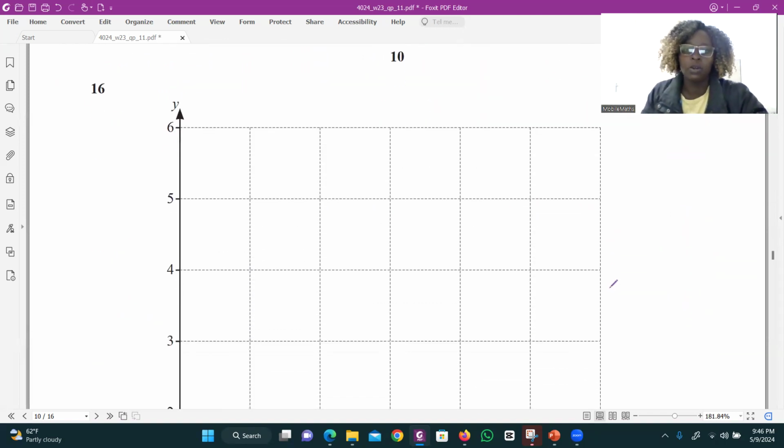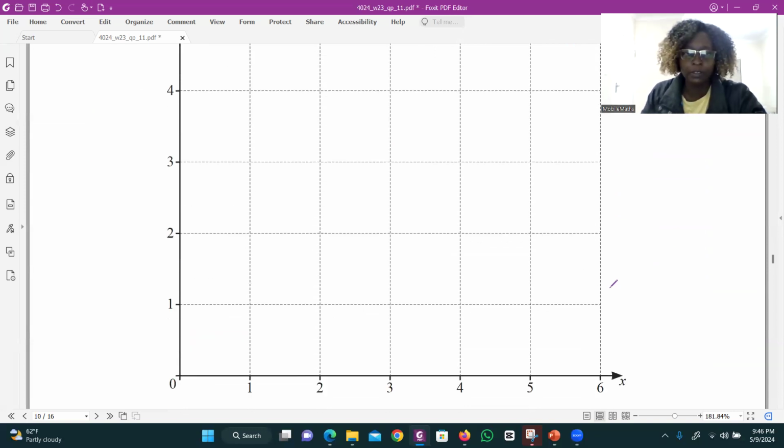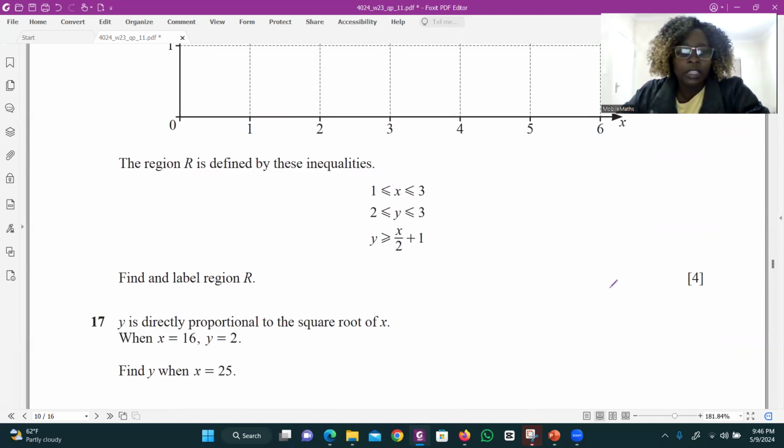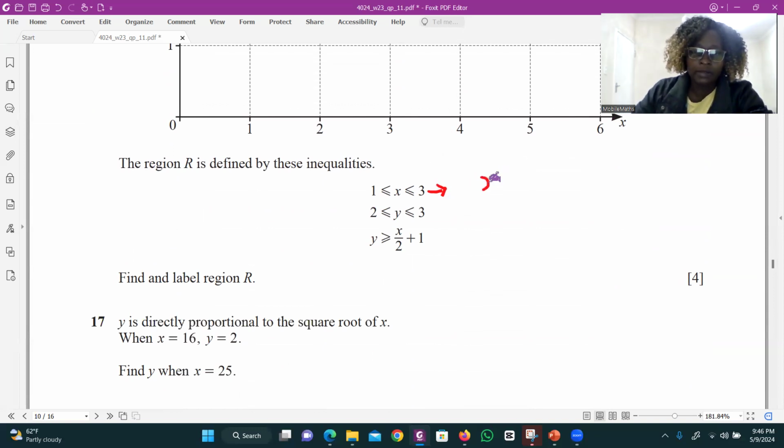Okay, let's move on. Okay, number 16. The region R is defined by these inequalities. So find and label the regions. So from this one, I can draw lines of x is equal to 1, x is equal to 3.